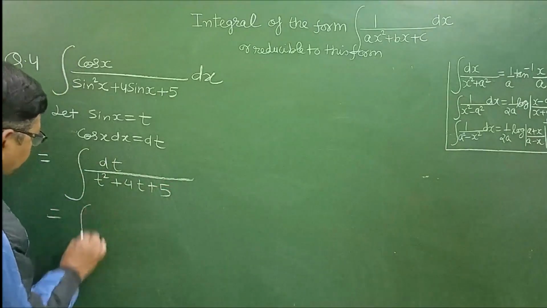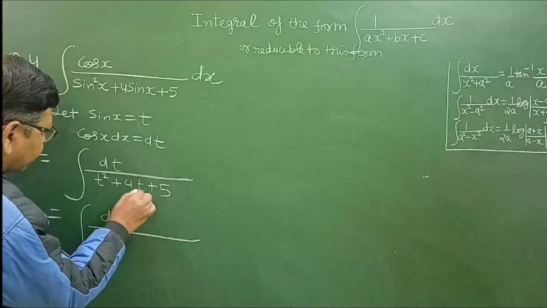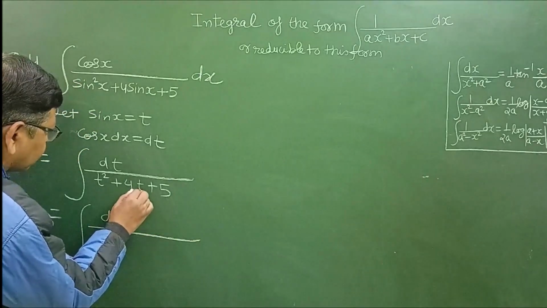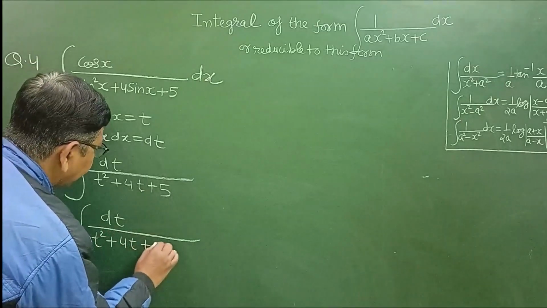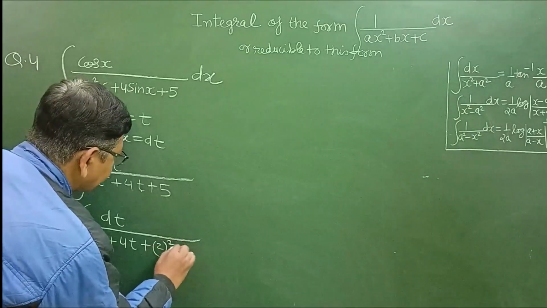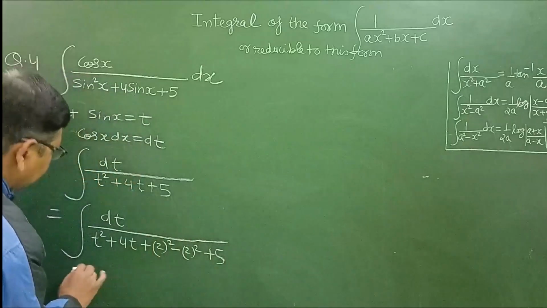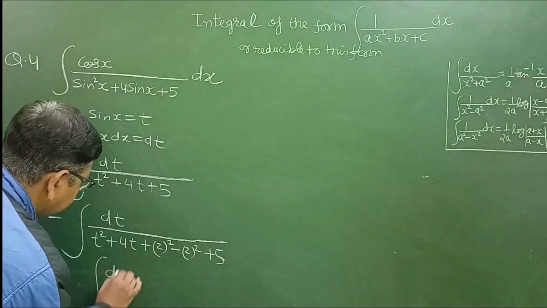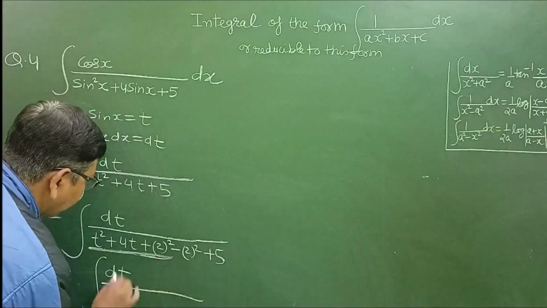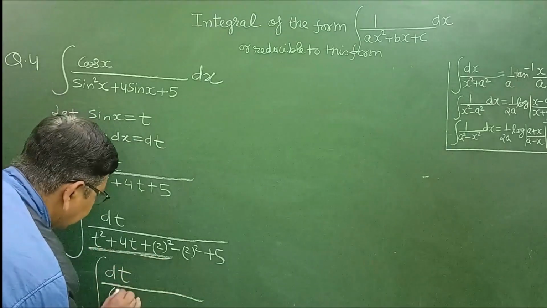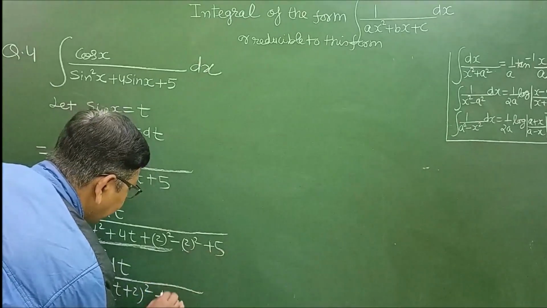Now this is equal to integral of dt upon, the coefficient of t is 4 here, so half of 4 is 2. So t square plus 4t, adding 2 square and subtracting 2 square, plus 5, which reduces to integral of dt upon, these three terms make a perfect square, (t plus 2) whole square, and this 5 minus 4 is equal to plus 1.